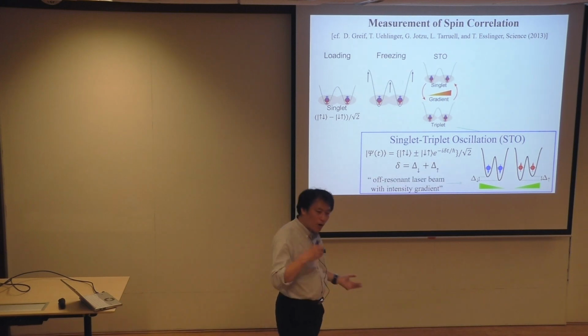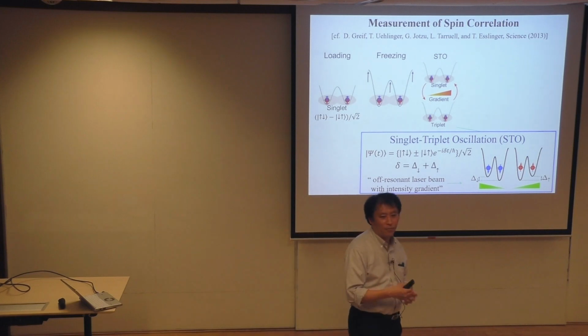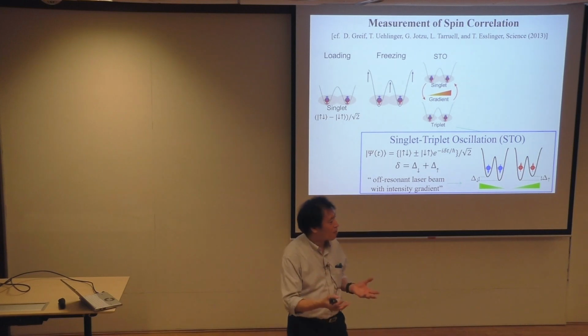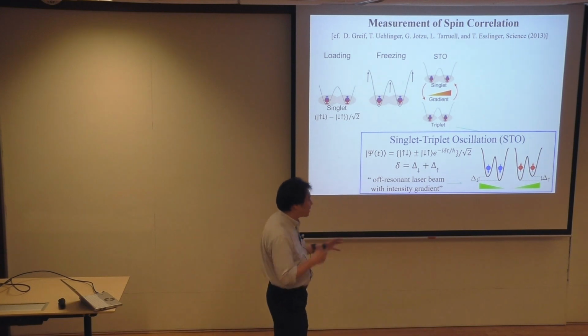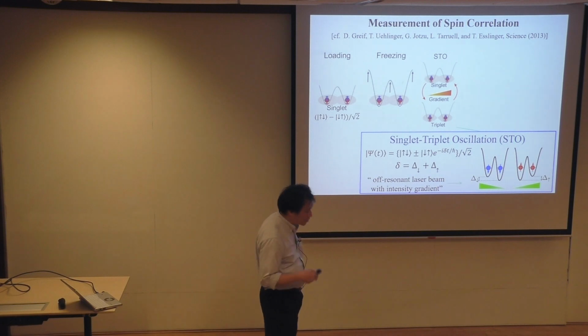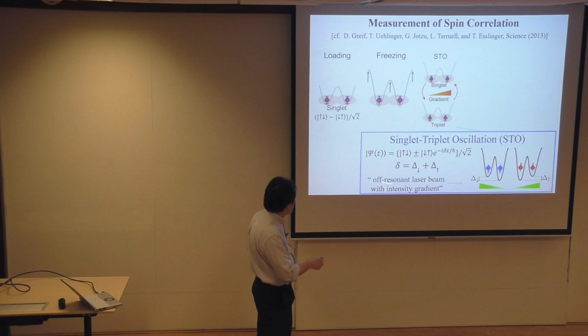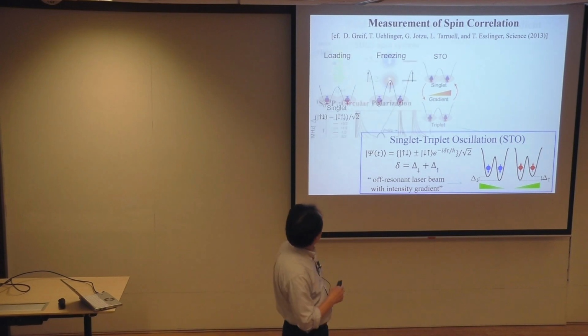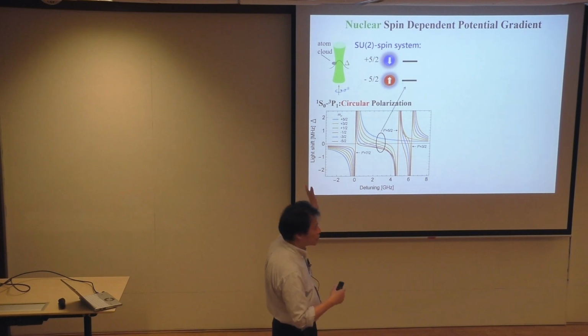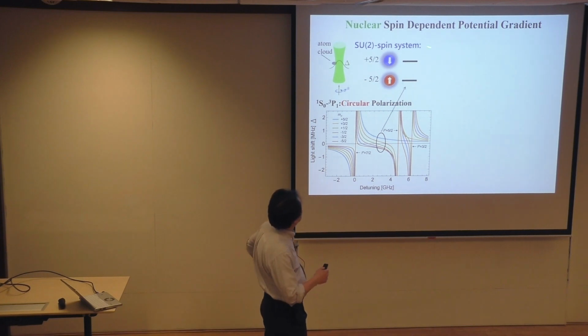We are working with the nuclear spin degrees of freedom, so the usual magnetic field gradient is not large enough. In our experiment, we generate the spin-dependent potential gradient by an off-resonant laser beam with an intensity gradient. This is an explanation of such a nuclear spin-dependent potential gradient.